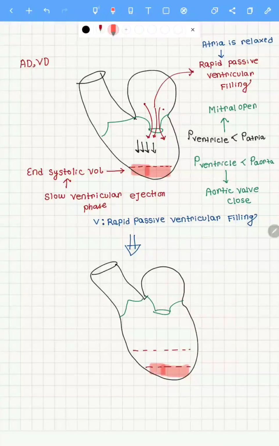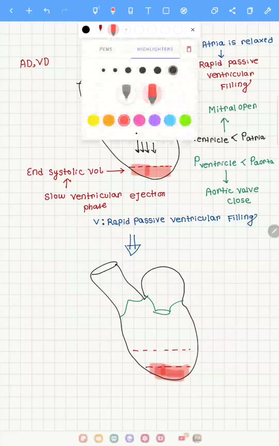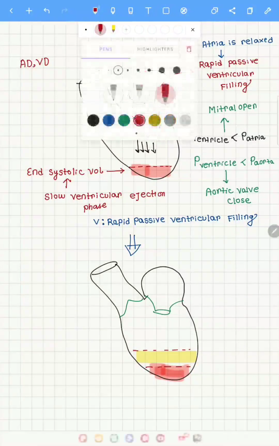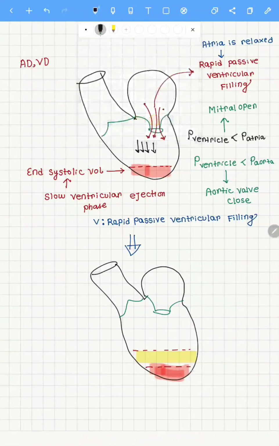The below one is end systolic volume, and the above one is rapid passive ventricular filling. Let me write this.